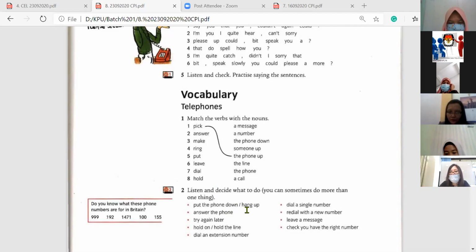To put the phone down, hang up, answer the phone, try again, hold on or hold the line means the same thing. Dial an extension, dial a single number, and redial, leave a message, and check you have the right number. Okay, so you're going to listen and you can write in the chat. I'm going to pause for each one.